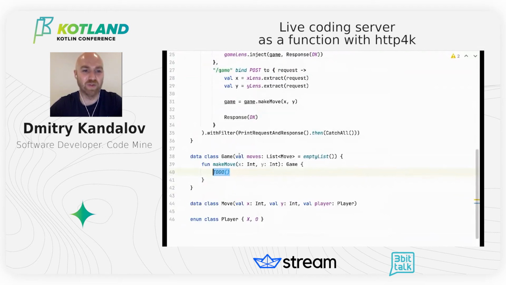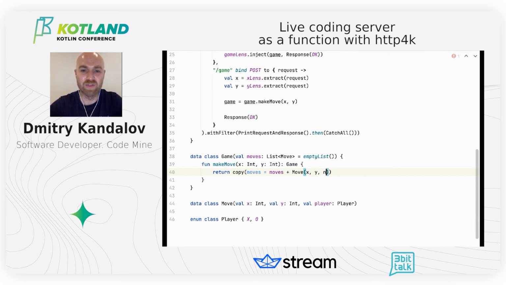So I'll just type some code here. The simplest way is to return a new instance of the game, which will have moves copied plus a new move. For the move, we already know x and y because that's where the player clicked on the screen.